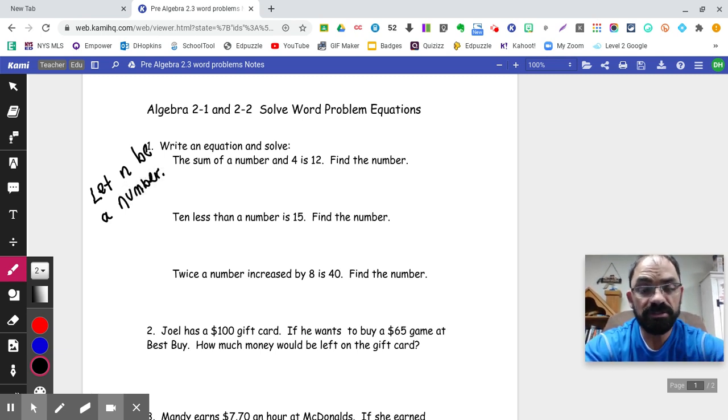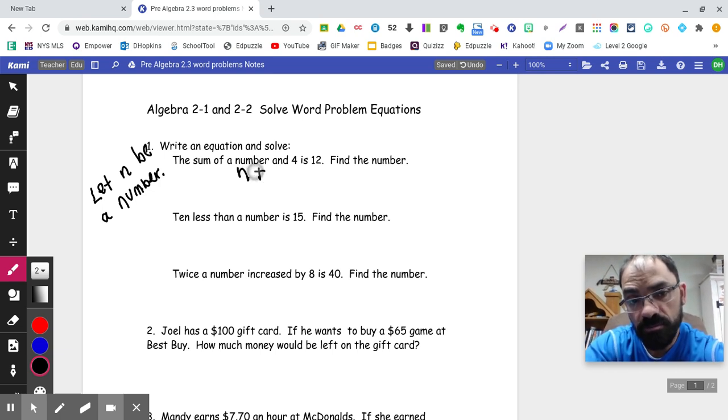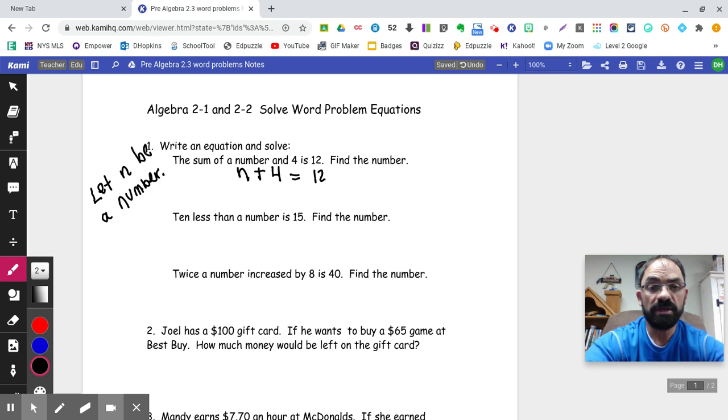So if we do that, we can say now the sum means to add, sum of a number and 4. So we can say n plus 4. Whenever we see is, that means equals 12. So that's our equation.